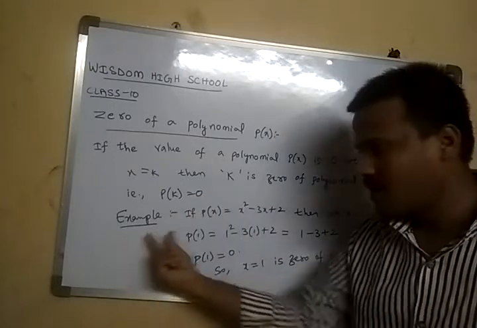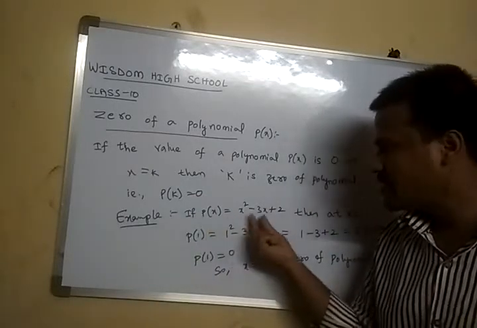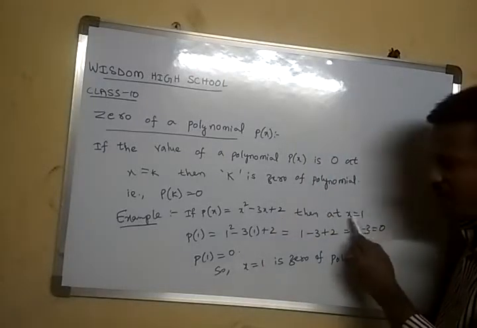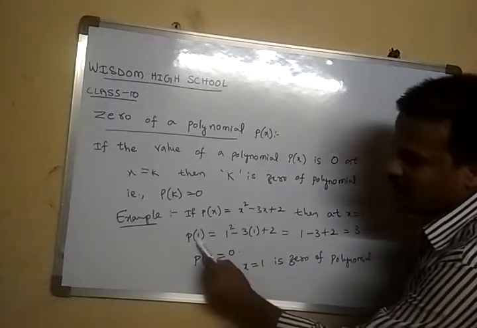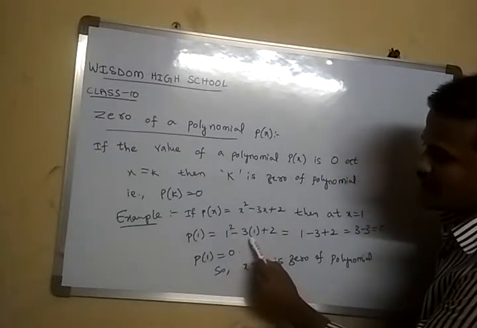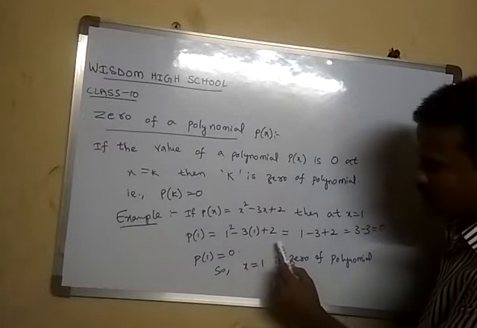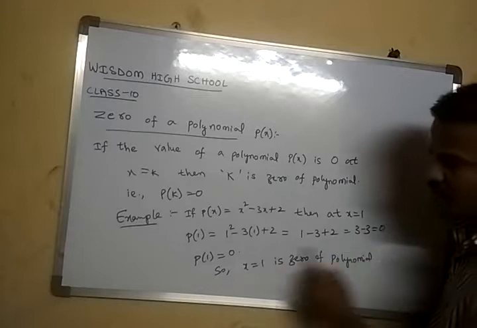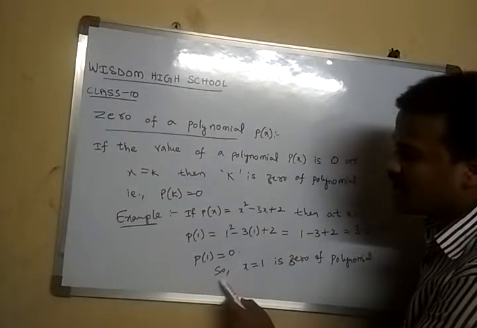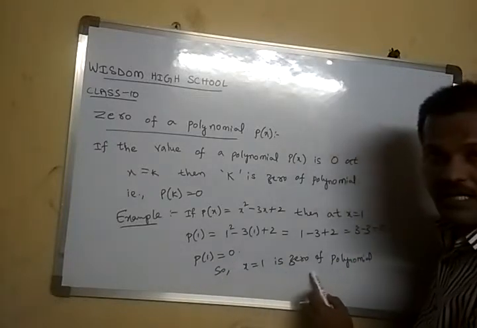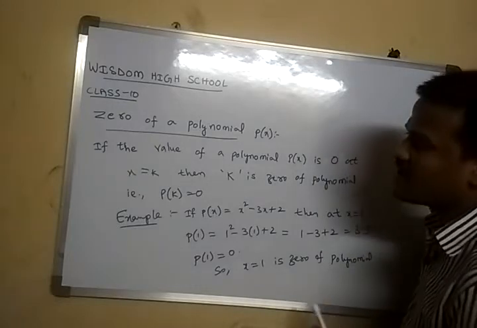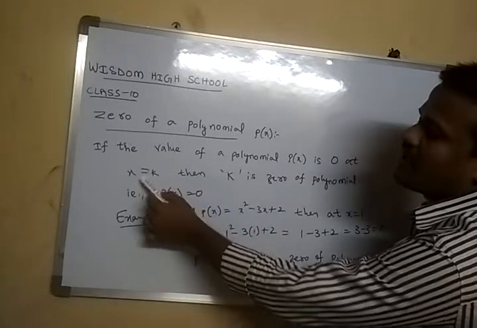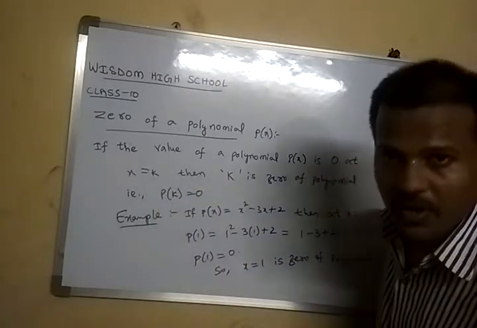For example, if p of x is equal to x square minus 3x plus 2, then at x equal to 1, substituting, p of 1 will be equal to 1 minus 3 into 1 plus 2, so we get 1 minus 3 plus 2, 3 minus 3 becomes 0. That means p of 1 equal to 0, so x equal to 1 is a 0 of the polynomial. That means if the value of the polynomial is 0, we take that x value as a 0 of the polynomial.